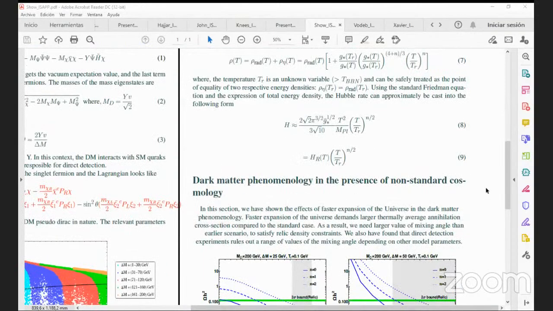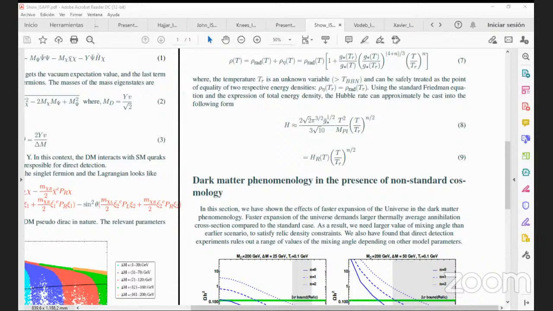Yeah. So one can write the expansion rate in terms of the expansion rate in the radiation dominated universe times some factor, which is given by (T/T_R) to the power n. One can see that the effect of the modified cosmology is driven by two parameters, T_R and n.